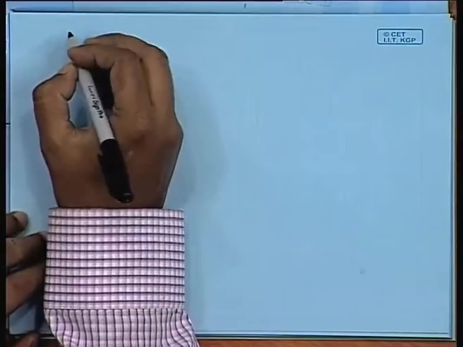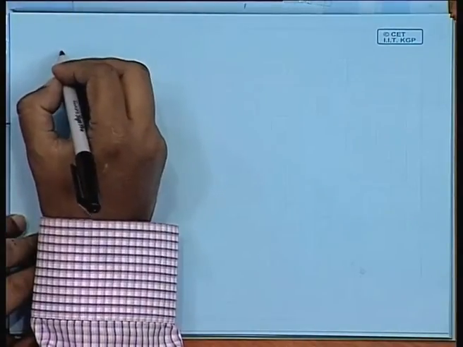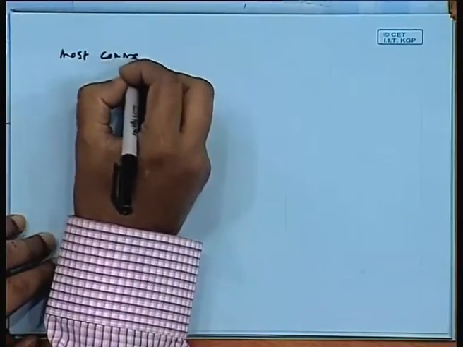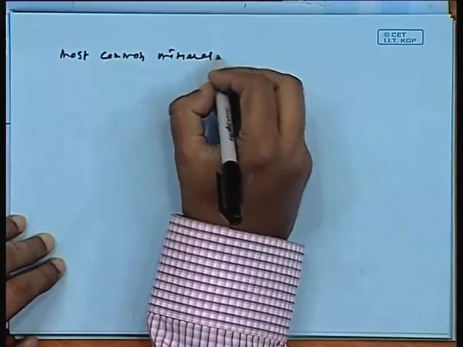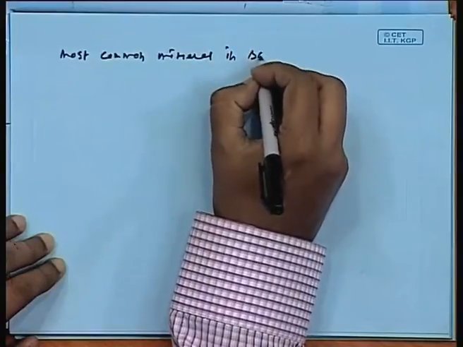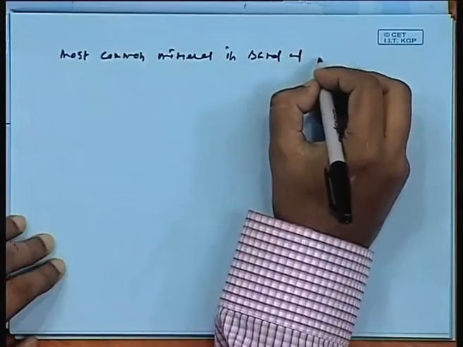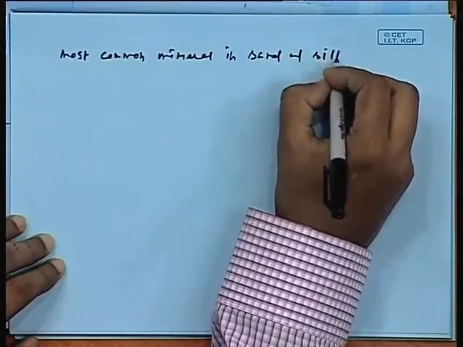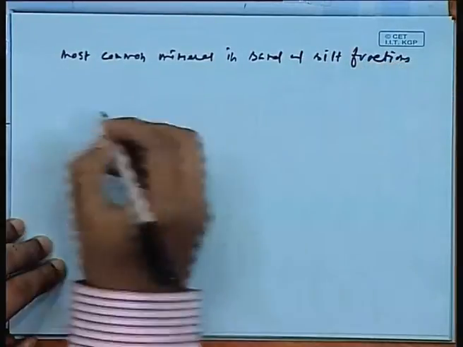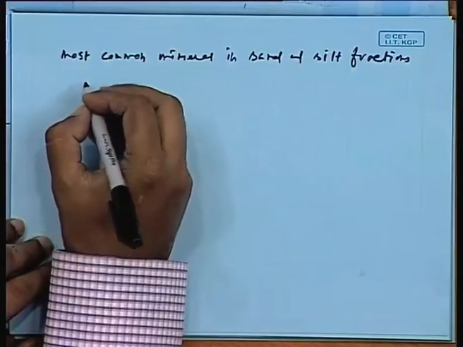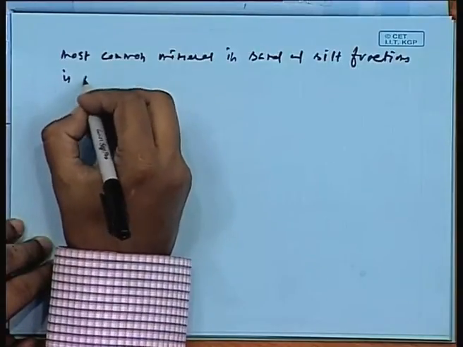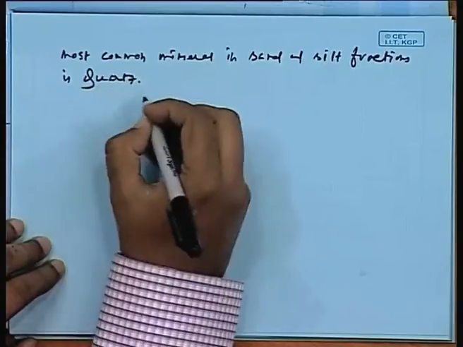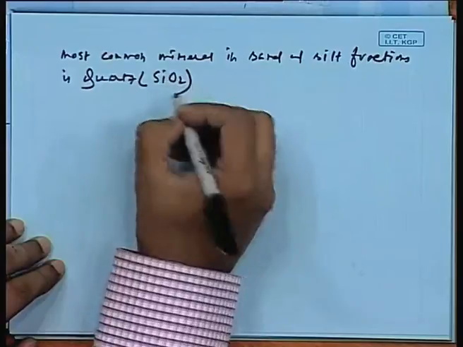If you observe the most common mineral in the sand and silt fractions, it is quartz, which we generally know as SiO2.